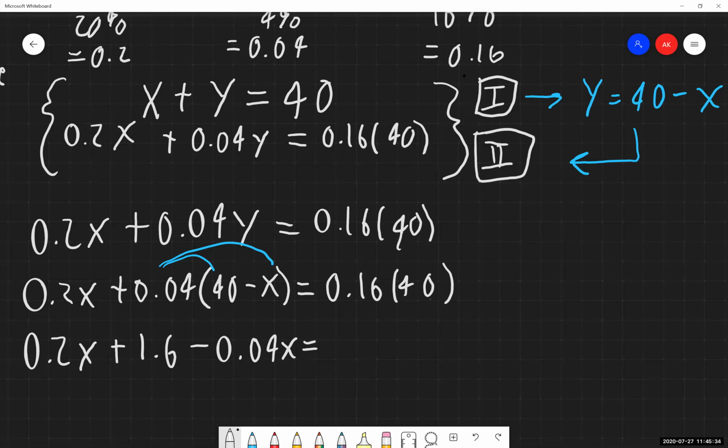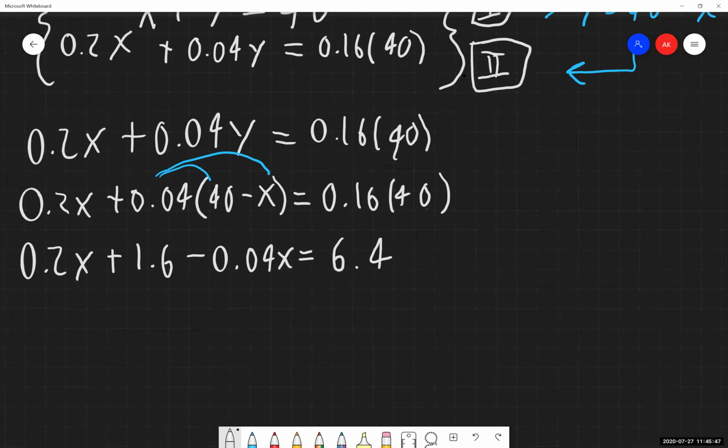And then 0.16 times 40 is going to give me 6.4. I'm combining like terms on the left-hand side of my equation. I have two x terms that are adding together, or I guess subtracting together. So I have 0.2 minus 0.04.